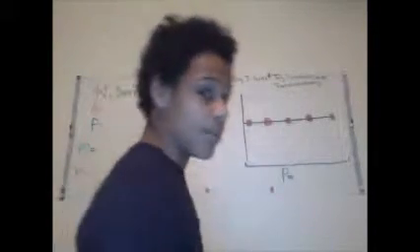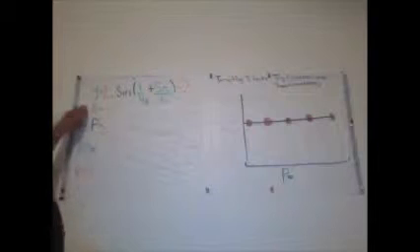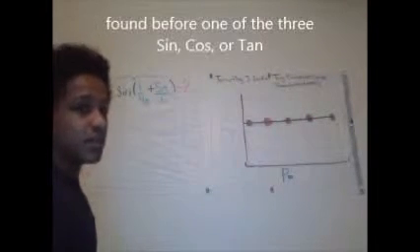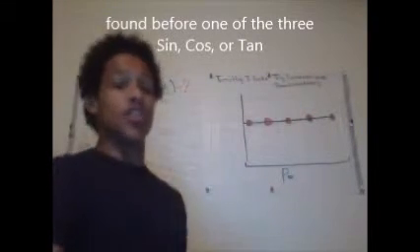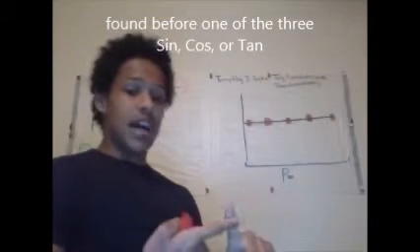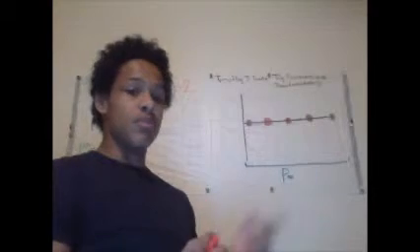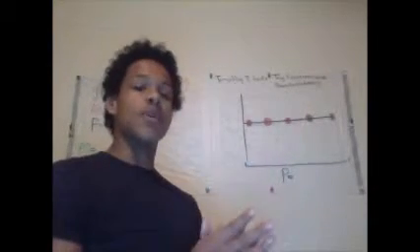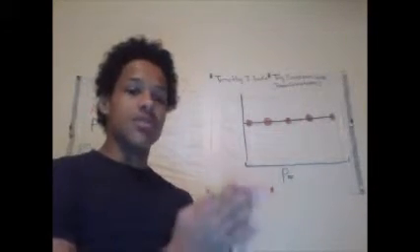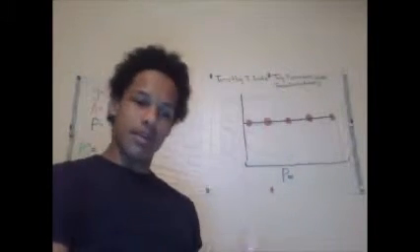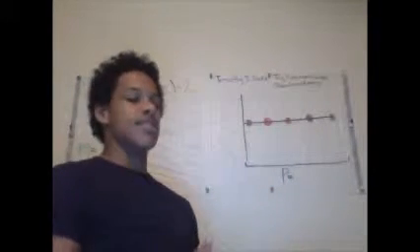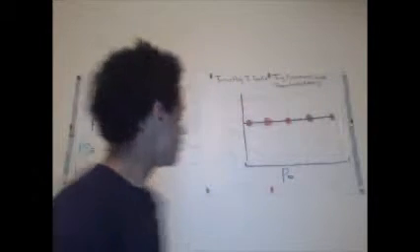Well, the amplitude is found in the beginning, before either sine, cosine, or tangent. And also their polar opposites, but we're just focusing on tangent, cosine, and sine right now. Don't worry about any of that. Another lesson, right?